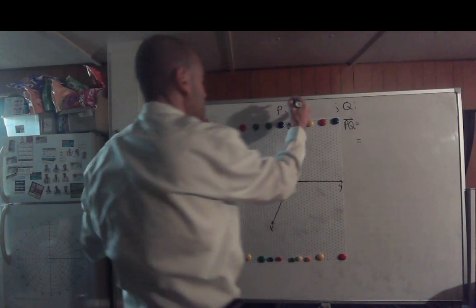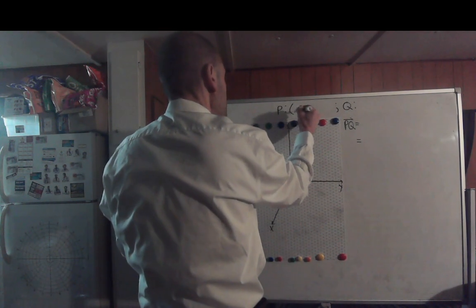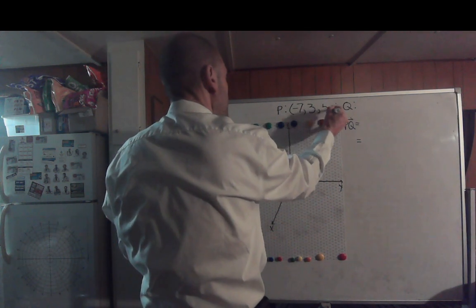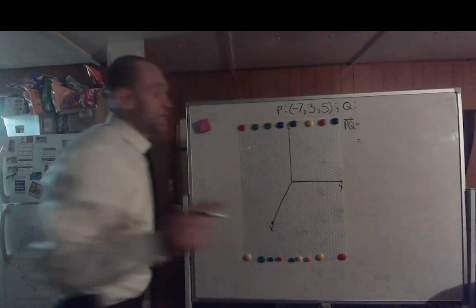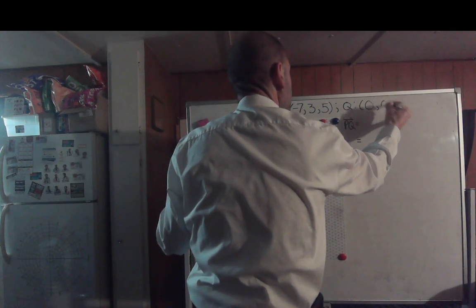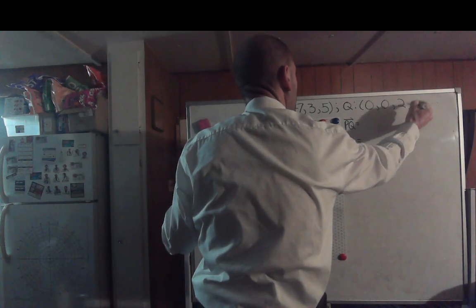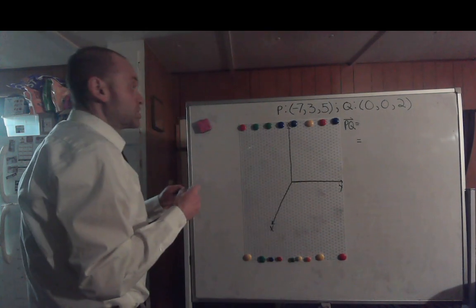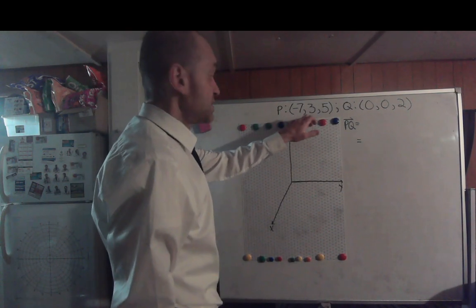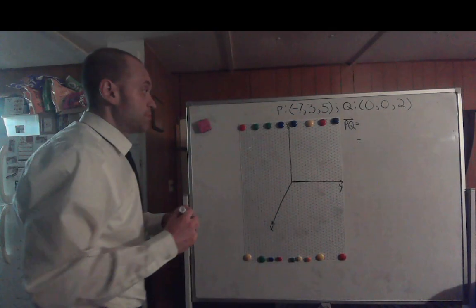Let's do another one. So we have point P at -7, 3, 5. Point Q is at 0, 0, 2. Alright, so we have point P, the initial point, at -7, 3, 5. Let me go ahead and plot that.